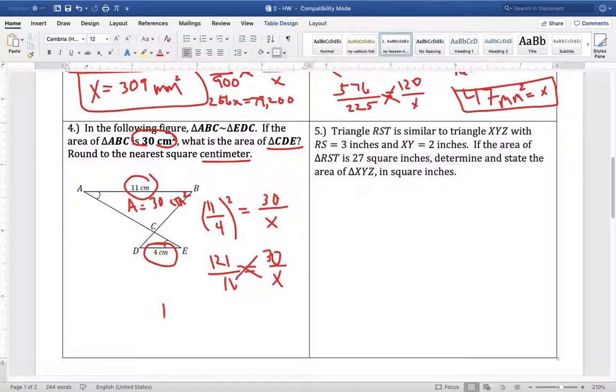We've got 121x equals 480. Here we go. And we divide this by 121. 480 divided by 121 will give us 3.9669. So we'll round this to the nearest square centimeter, which would be 4 centimeters.